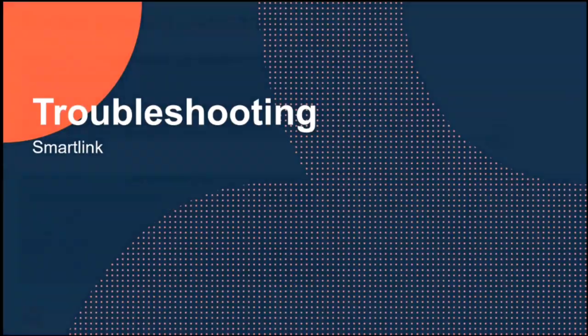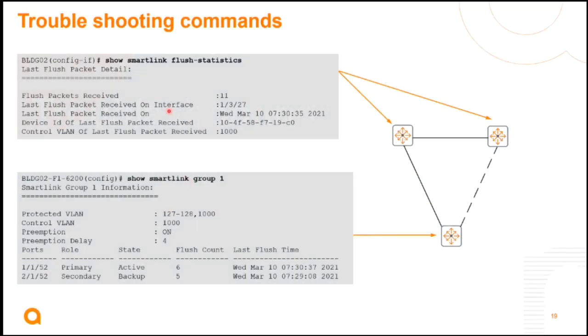Okay, some troubleshooting commands. You've got show Smartlink flush statistics, so you can see the statistics on the upstream switches. Then you've got show Smartlink group, where you can see a number of things, including the preemption delay, the control VLAN, and the flush statistics. You can see I've got 5 and 6, which make 11. So I've received 11 flushes.